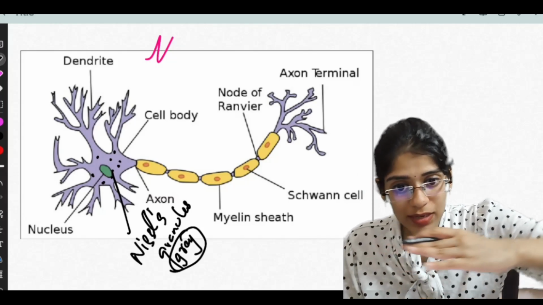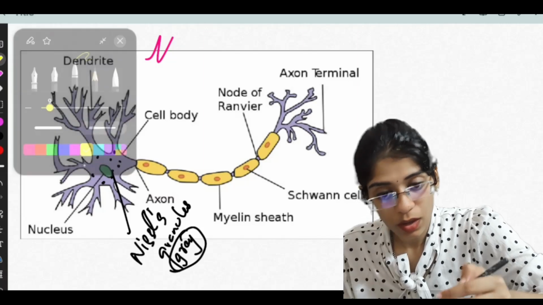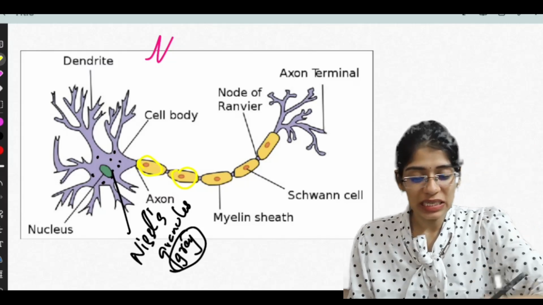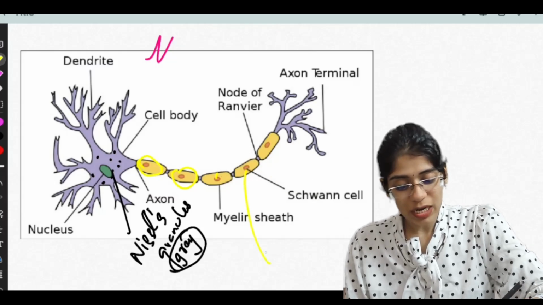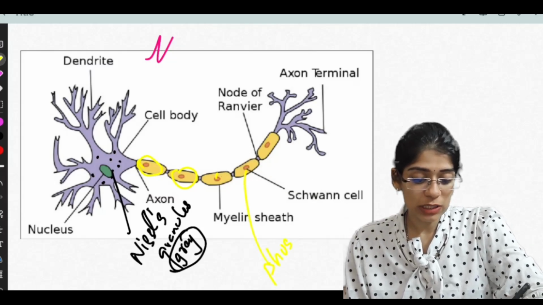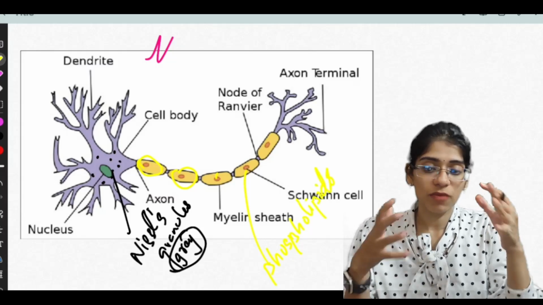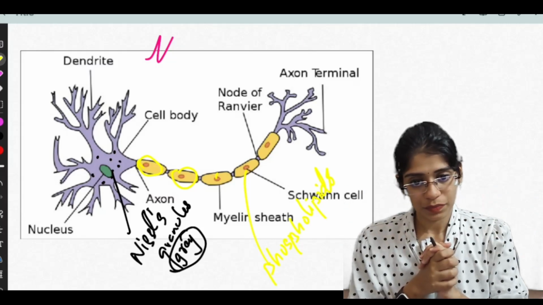Now when it comes to the axon, I told you the axon is covered by the myelin sheath. You can see the yellow color. This myelin sheath is made up of phospholipids, and these phospholipids are whitish yellow in color.